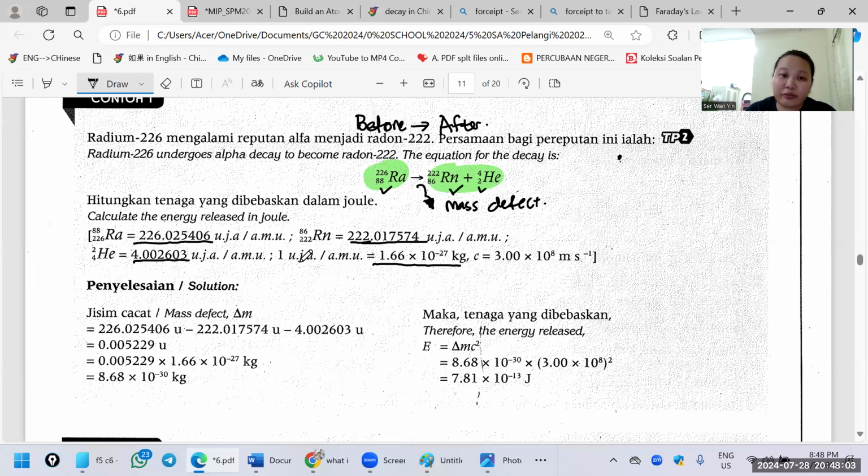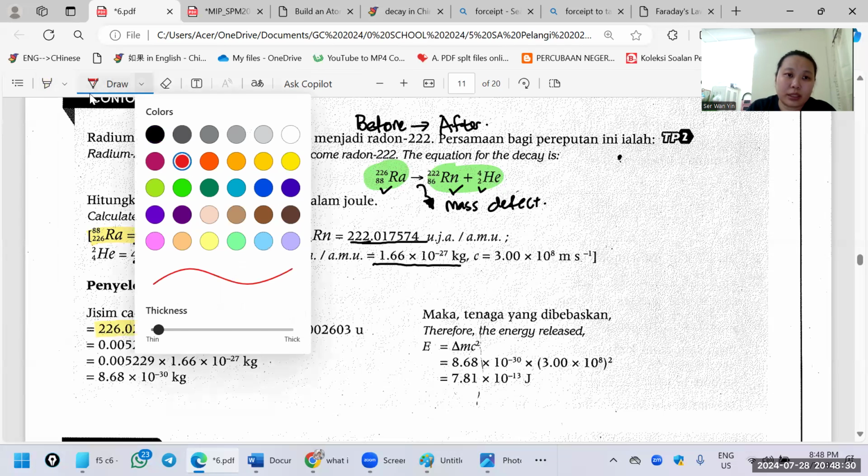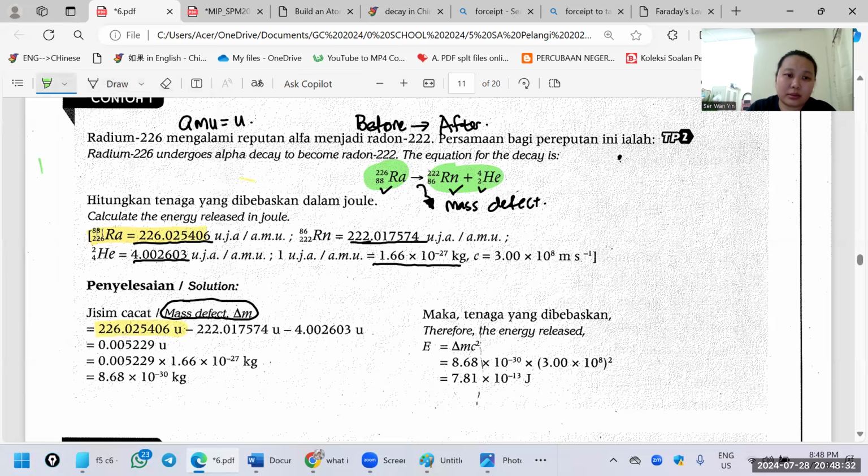So every time we find the mass defect first, delta M. The mass defect will be the radium before reaction, in AMU, you can also just write u, minus the product.